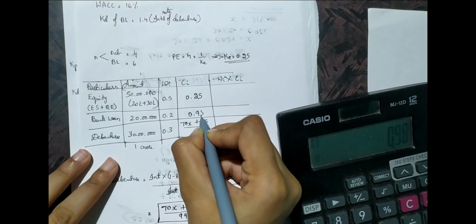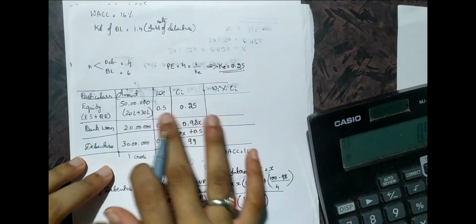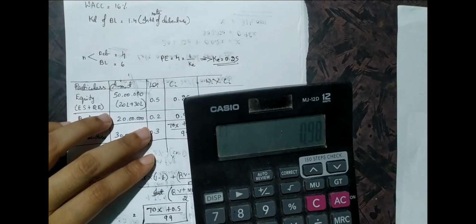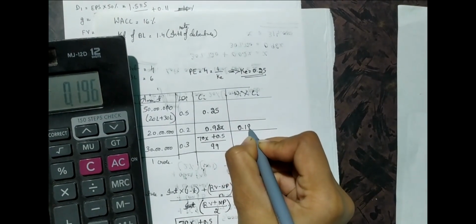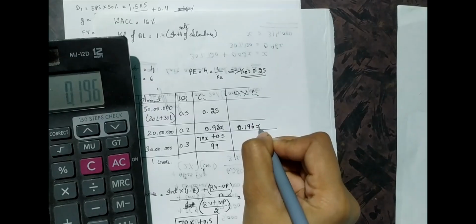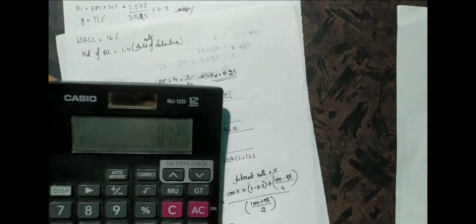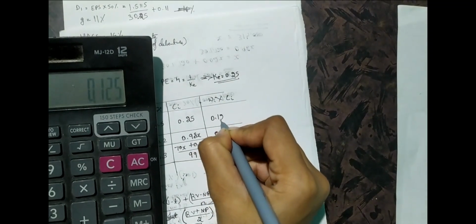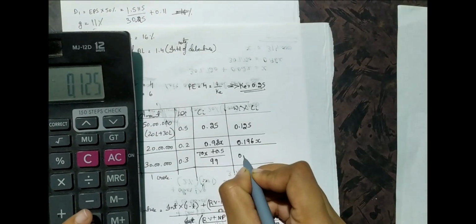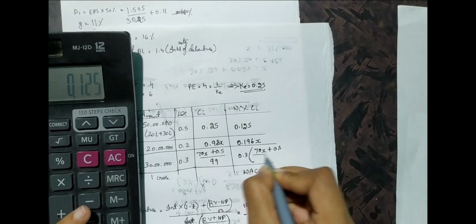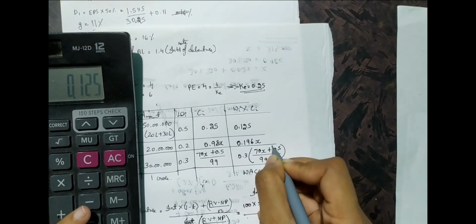So for bank loan it is 0.98x, and then we're going to multiply each cost with its weight. So 0.98 into 0.2 comes out to be 0.196x, and 0.5 into 0.25 is 0.125, and then 0.3 into 70x plus 0.5 upon 99.